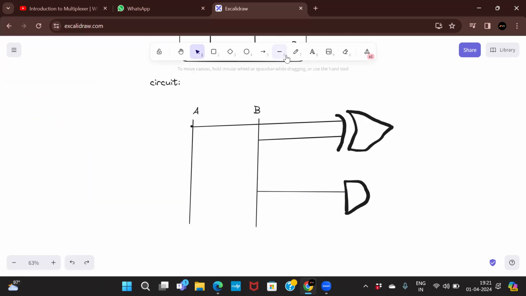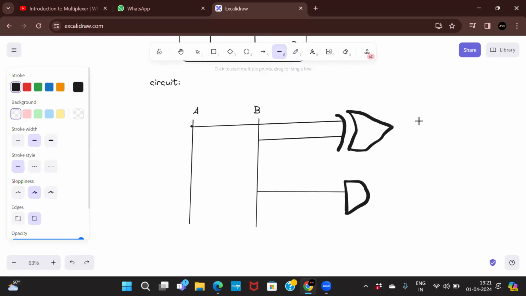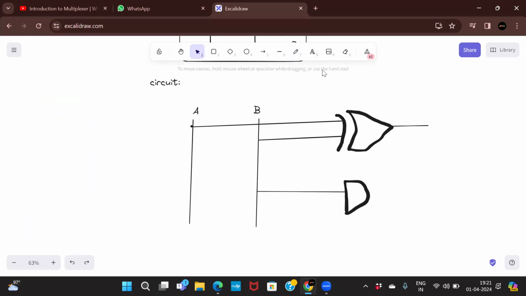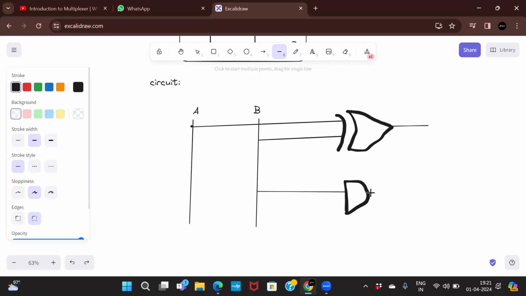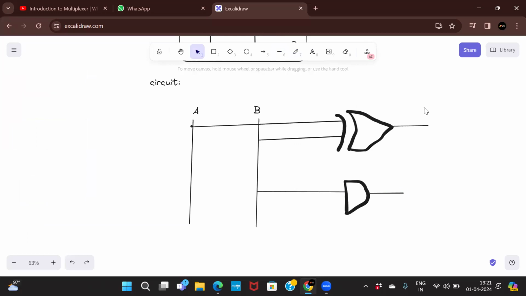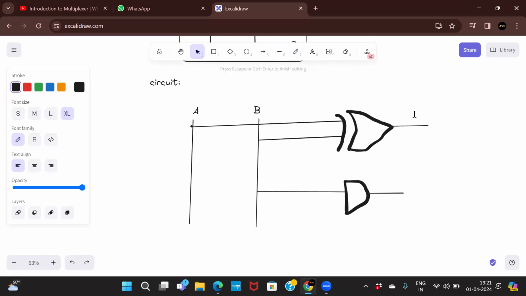So what next we have? Come on, Charan, quick. Which gate? Not gate. Yes, exactly. Why do we require a not gate? Come on, answer.